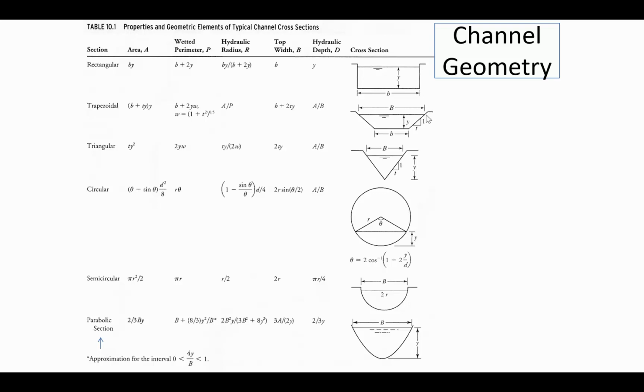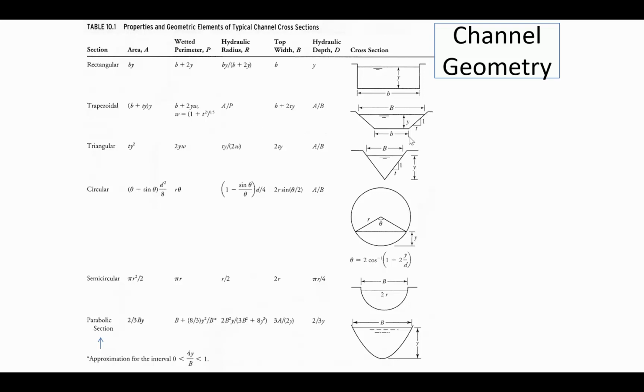And so now look at the formula for the trapezoidal channel. For the wetted perimeter, they're saying it's the bottom width, of course, and then the length of these side slopes. The side slopes are inclined at a 1 to t angle, and I know you've seen that before. We did a little bit of introductory trapezoidal channel geometry, and I showed you that we defined these side slopes as one unit of vertical rise and t units of horizontal distance.